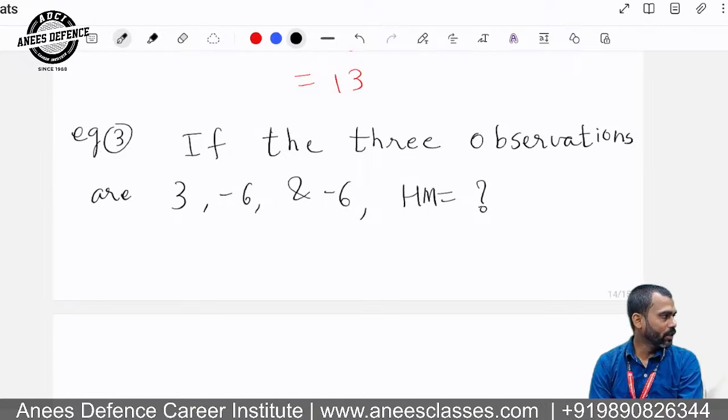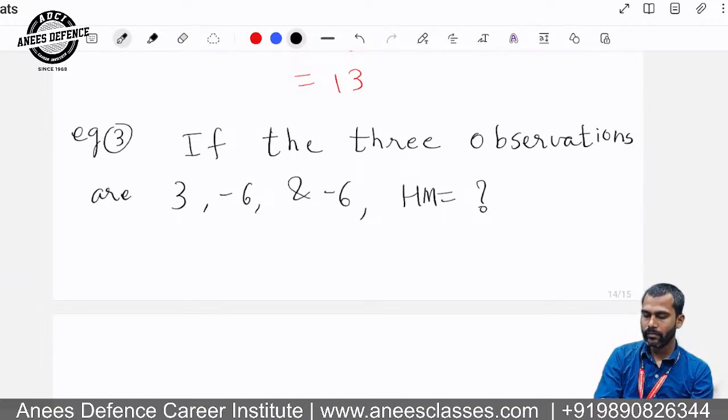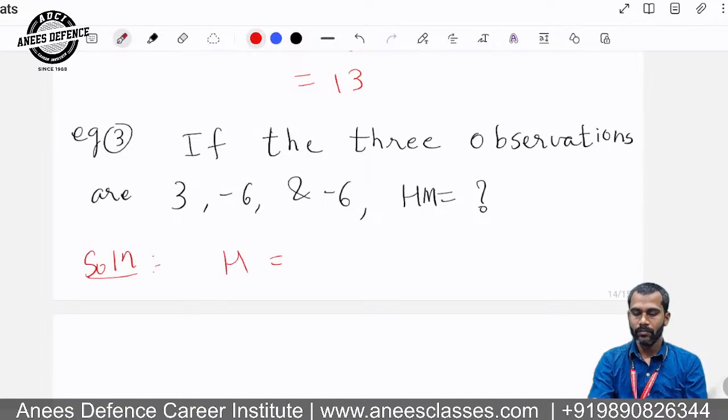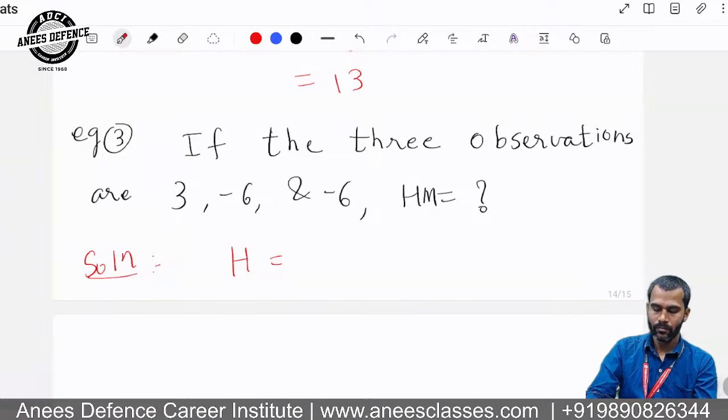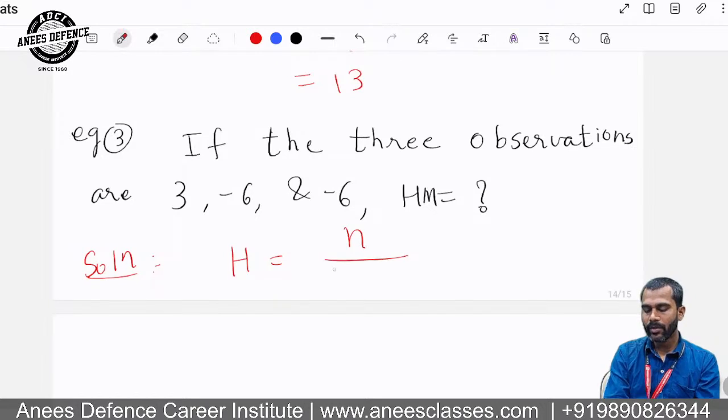What is the formula for HM? See the formula. H is equal to N divided by summation of 1 upon xi. What is N here?